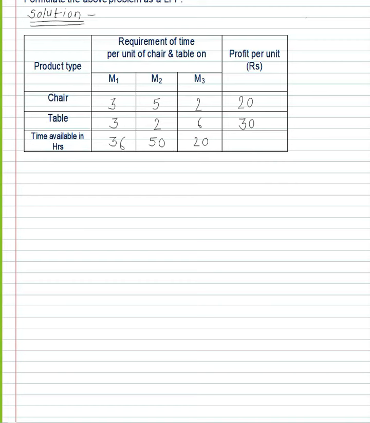Suppose that a firm makes x1 units of chair and x2 units of table.